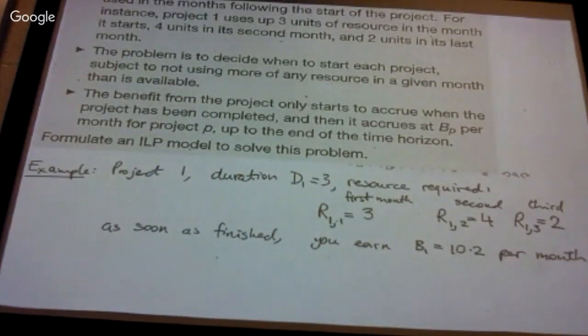So once you finish it, you're earning £10,200 or something per month from it. Okay. And then there might be other projects whose benefit is larger, and so you want to finish them earlier, hopefully, and other ones whose benefit is smaller, so you might want to wait, because the earlier you finish it, the longer you're earning this money. Okay? That's quite a complicated thing.